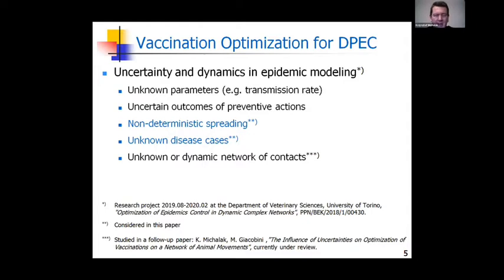But in this paper, we focus on the non-deterministic spreading of the disease and unknown cases, meaning the cases which are present, but we have not observed them yet. However, also the problem of unknown and dynamic network of contacts is interesting, and it's studied in a follow-up paper, which is mentioned at the bottom of the slide here.